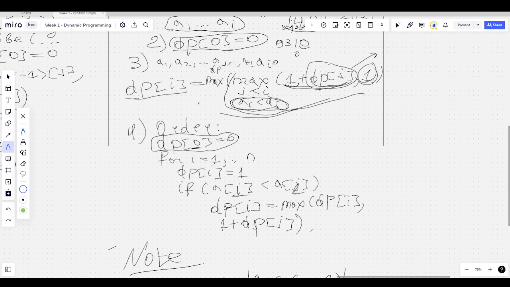If we meet the empty set, we just choose 1, and if a g is less than a i, then we try to continue our subsequence, and we choose the max of dp e or 1 plus dp g.